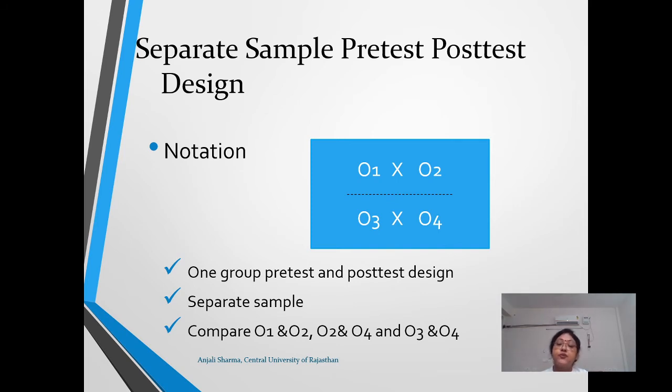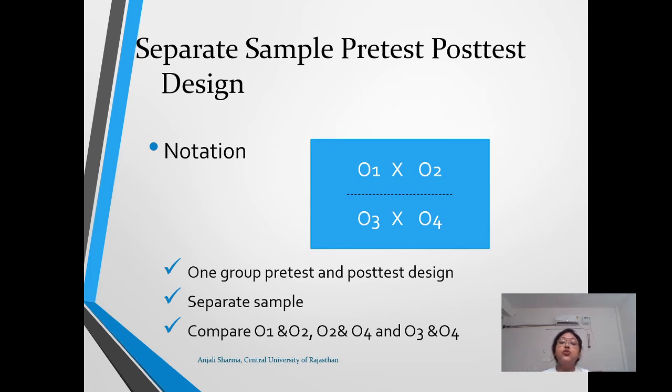In both the groups the same intervention and the same testing are followed, but we are going to compare various sets of testing, like O1 and O2 to see the impact of the intervention, and O3 and O4 directly within the same group to see the impact of the intervention.